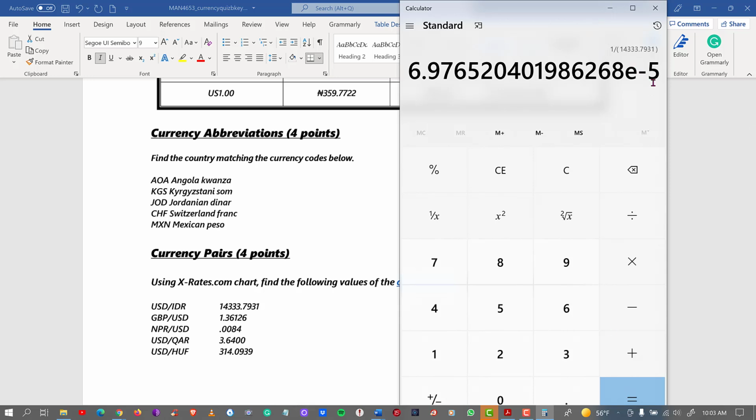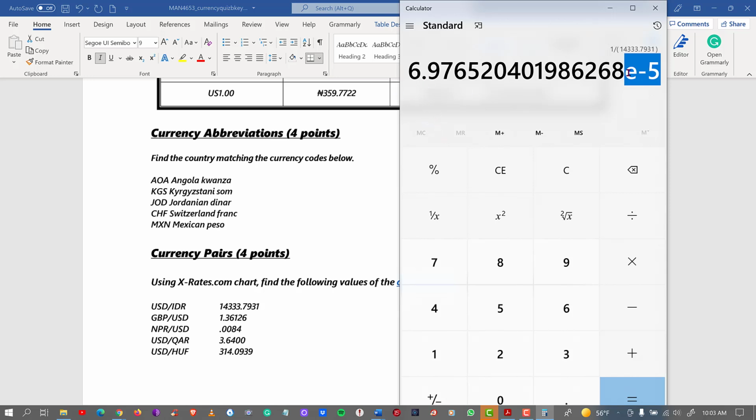Now it's going to give a slight error, and what this is basically saying, this is an exponential number, this e minus 5. So this is saying you move the decimal place 5 places to the left, because it's a negative, this negative sign. So you go 1, 2, 3, 4, 5, and put the decimal there. So you would have 4 zeros, and then this would be a 7 if you round.